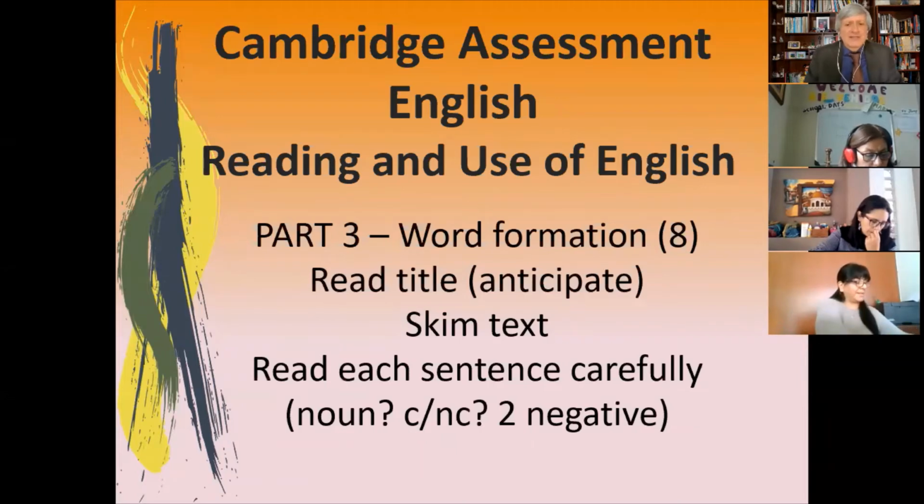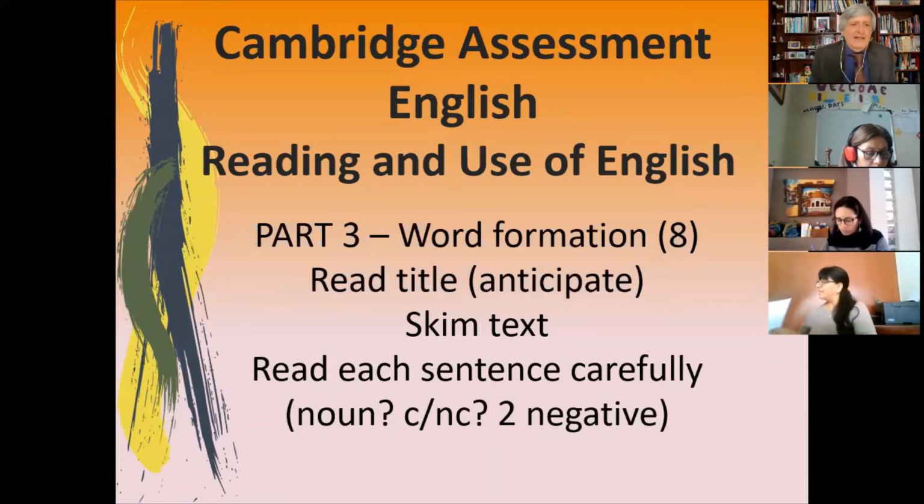Now, read each sentence carefully. Now, again, Paulina asked the question, what can go in there? It can be a different type of word. It could be an adjective, an adverb, a noun. It could be a count or an uncount noun, right? And this is where your grammar knowledge comes in handy, right? For example, if the word before says a, then you know the next word is a noun automatically, correct?